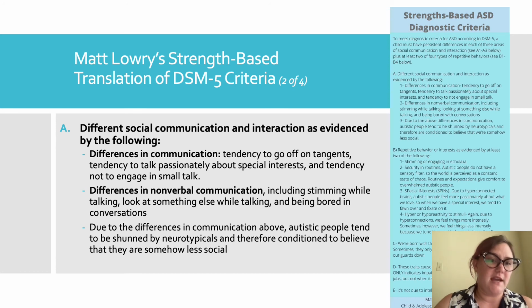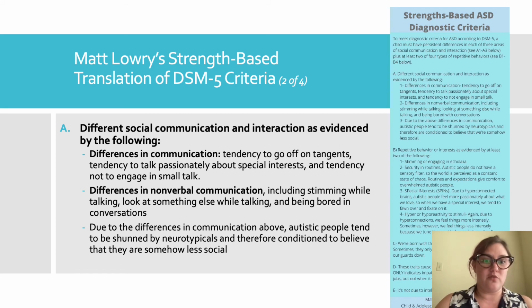So A, different social communication and interactions as evidenced by the following: differences in communication. So not deficits in communication, but differences. So tendencies to go off on tangents, tendencies to talk passionately about special interests, a tendency not to engage in small talk.